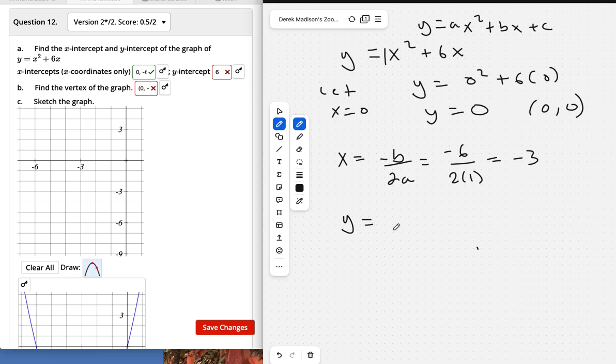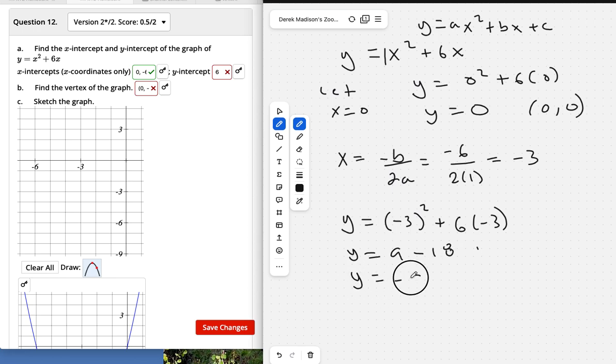So then we'll go y equals -3, and then careful with that squared, it's going to be a positive because we're -3 times -3, plus 6 times -3. So that's going to be +9 right there, and -18, and 9 minus 18 would be -9. So our vertex should be at -3 and -9.